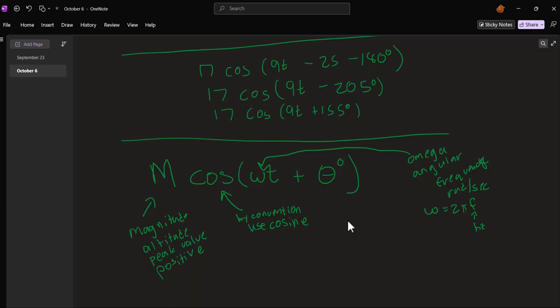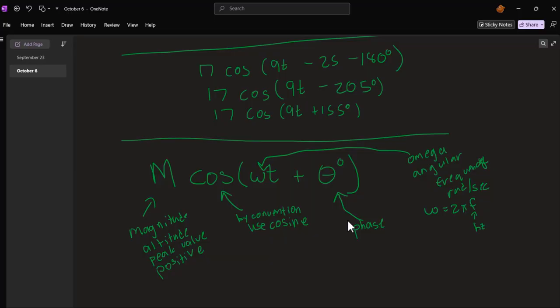So the frequency is cycles per second, and omega is radians per second. And notice this is in radians, but this is in degrees, and this is the phase shift, often just called the phase. It's how far it is shifted.